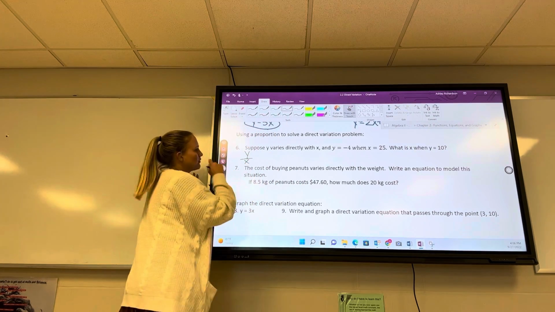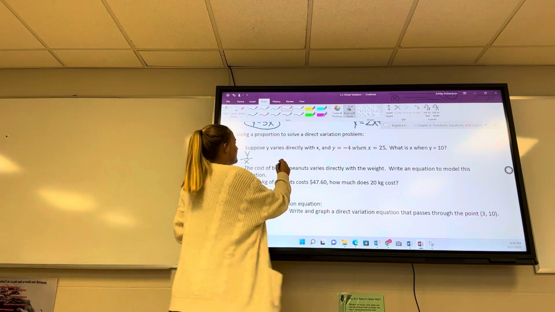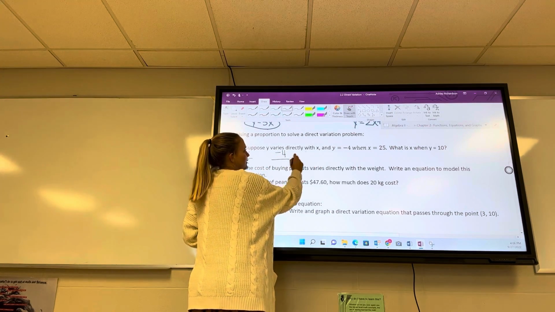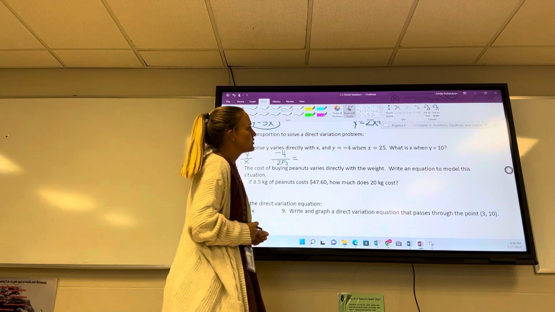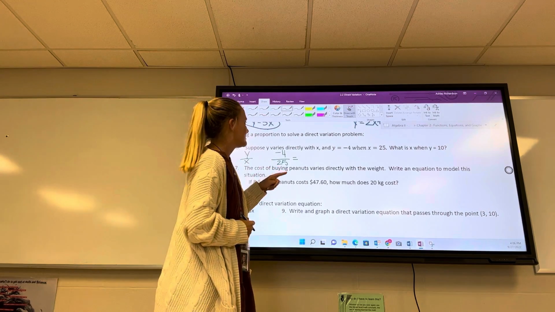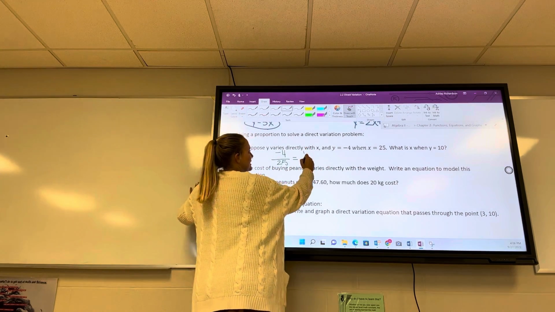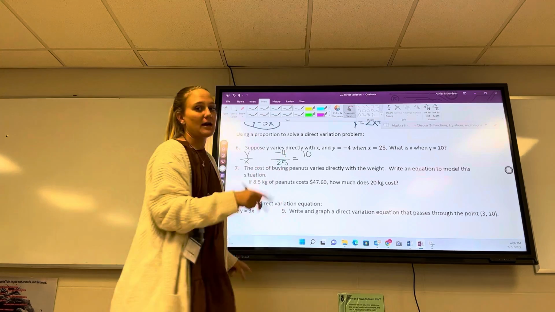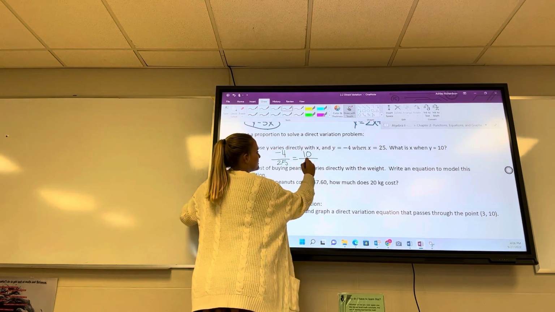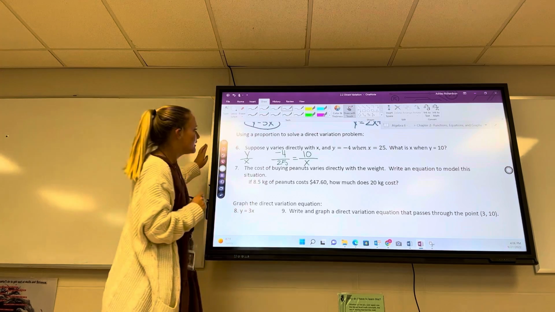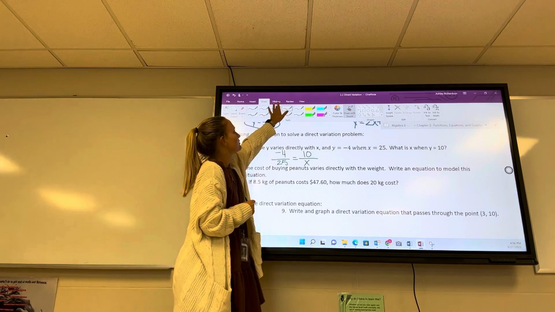And I'm going to make a proportion. So when y is -4, x is 25. And it wants to know what is x when y is 10. I have to stay consistent with my y on top and my x on my bottom. So y is 10. I'm looking for what x would be at that point. And then I'm just going to solve it like a proportion.